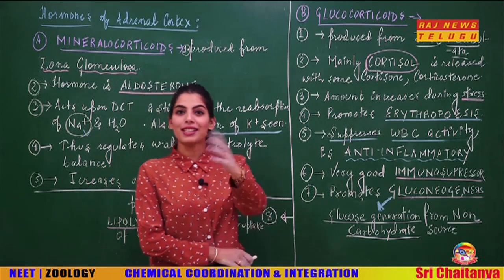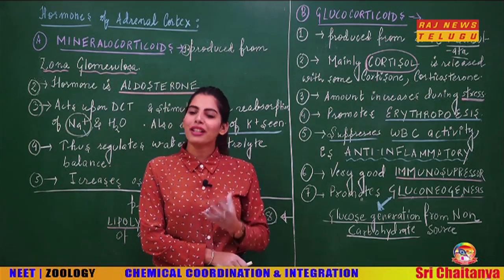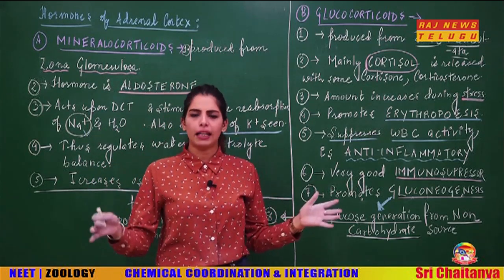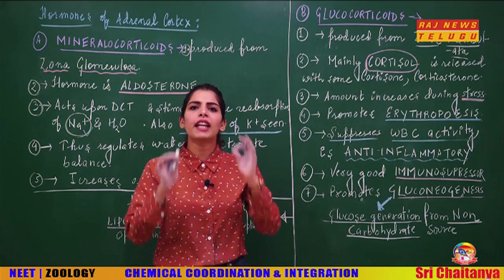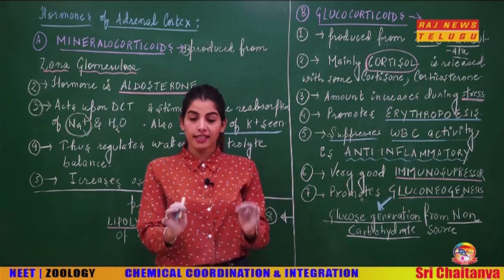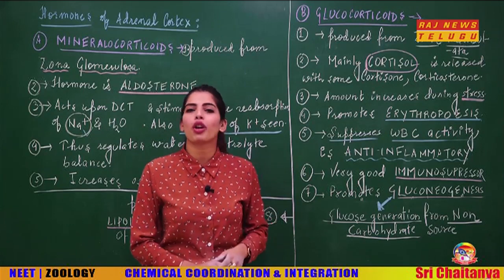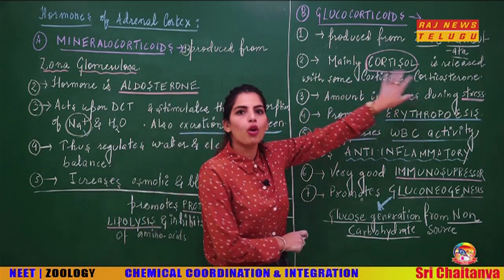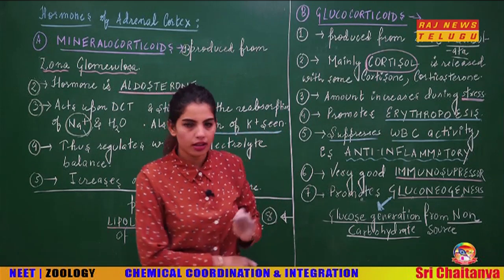Now students, what is this glucocorticoid? Glucocorticoid is of different types, okay? But 95% of the glucocorticoid is cortisol. Very, very important.